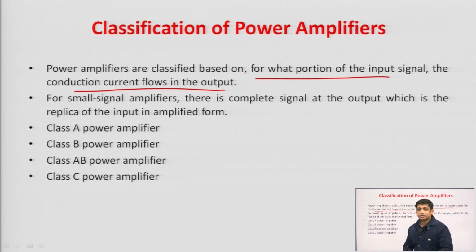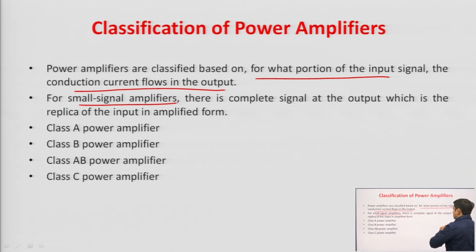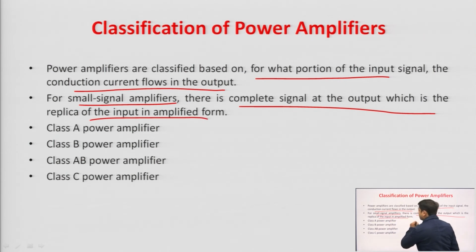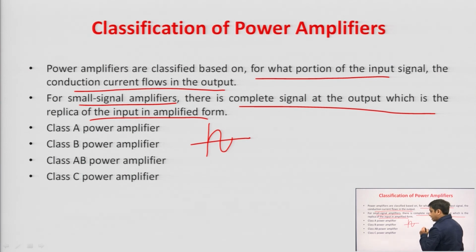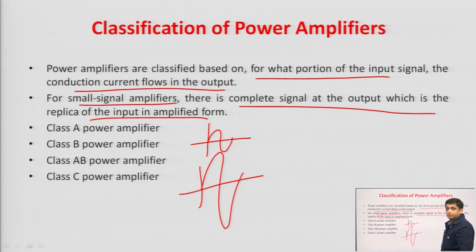On this basis the power amplifiers are classified, but for small signal amplifiers, we have already seen that there is a complete signal at the output which is the replica of the input signal in the amplified form. So, I had discussed this already in small signal amplifiers, like if we are giving a sine wave at the input, we get the amplified version of this sine wave at the output.